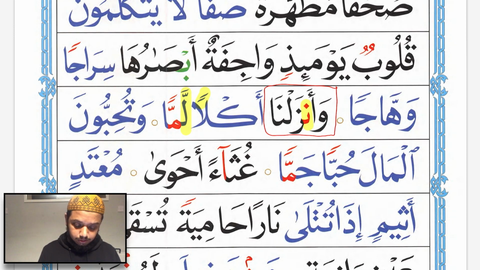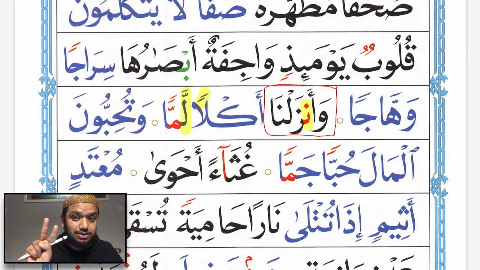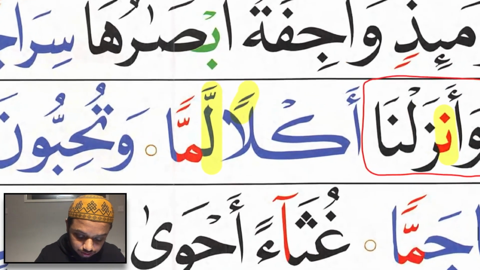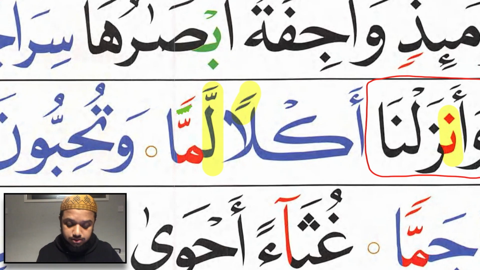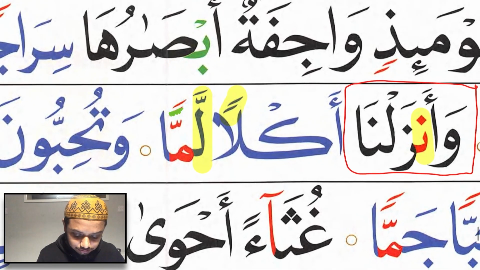Aklallamma. Now I will teach you another tajwid rule as well. You notice I said aklallamma, not aklallamman. This is because whenever we stop on fathatan, two fathas, we must remove one of the fathas. This is only when we're stopping on it. What are we left with? We're left with mim, fatha, alif.